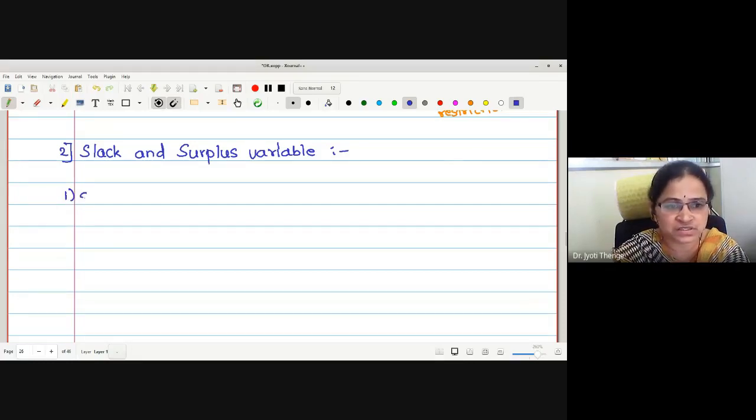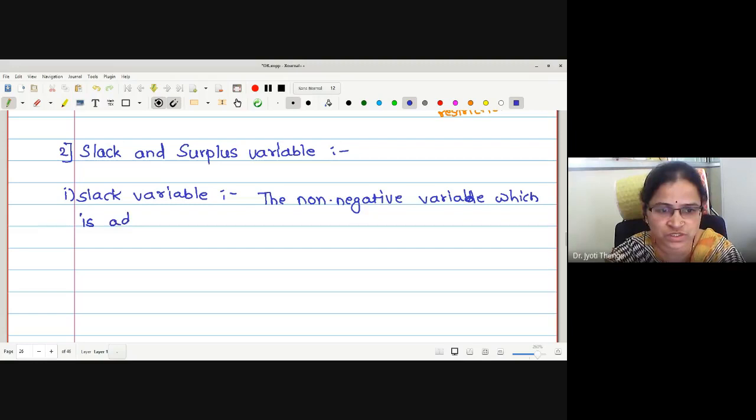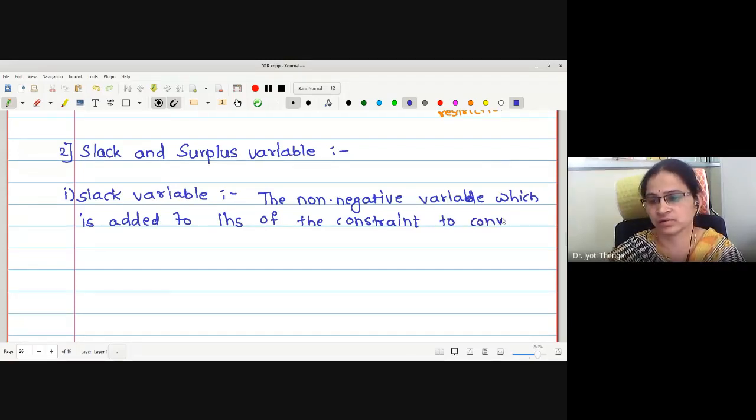So let me write first the slack variable, and its definition. A slack variable is a non-negative variable which is added to the left hand side of the constraint to convert it into an equation.